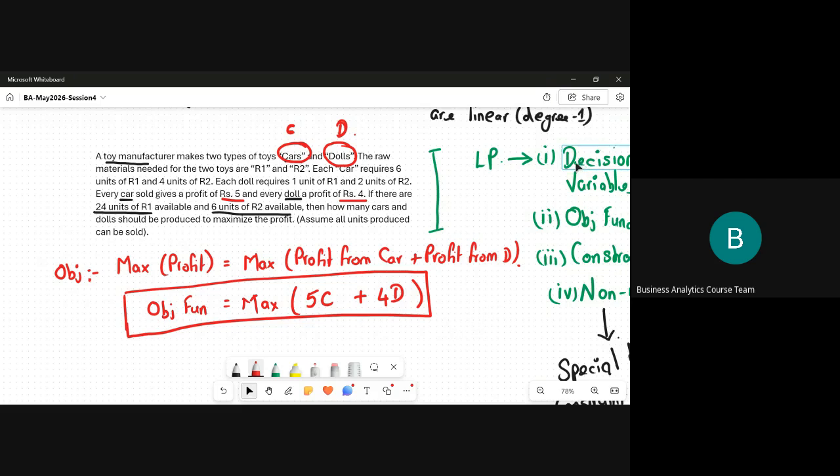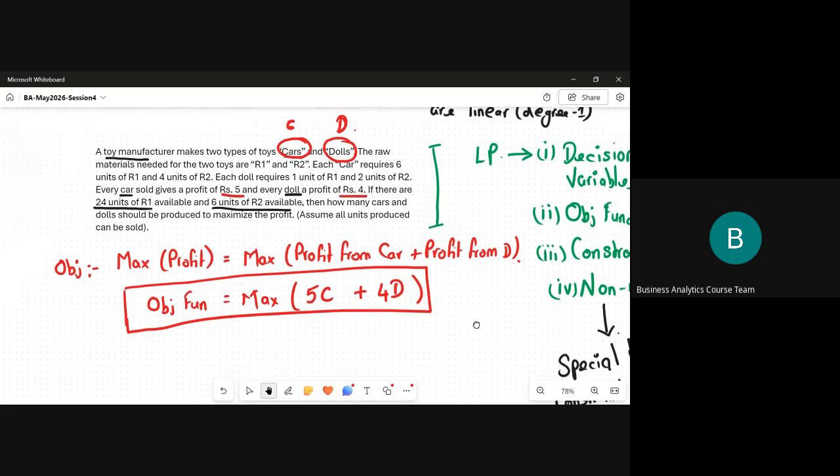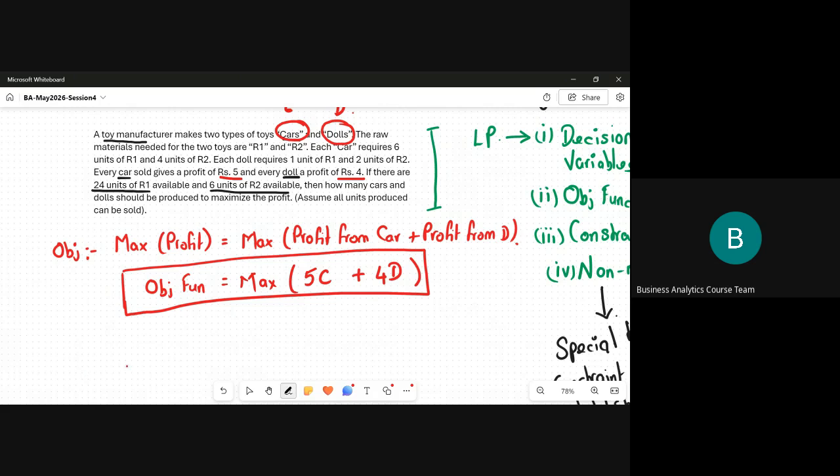So next, decision variables are done, objective is done. The constraints we have to write. So for this specific problem, if I have to make a car, for every car I require 6 units of R1. For every doll, I need 1 unit of R1.